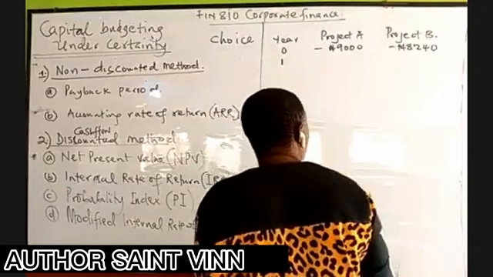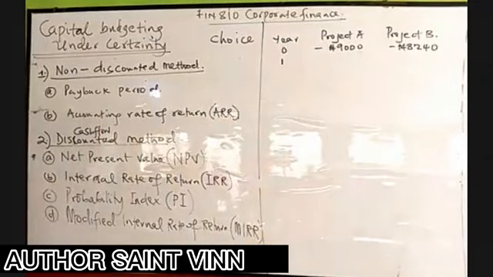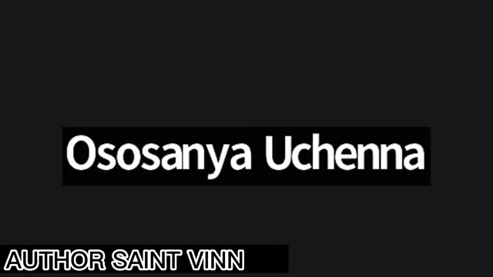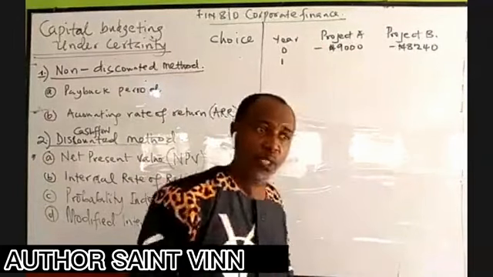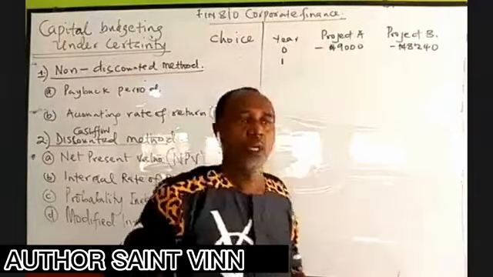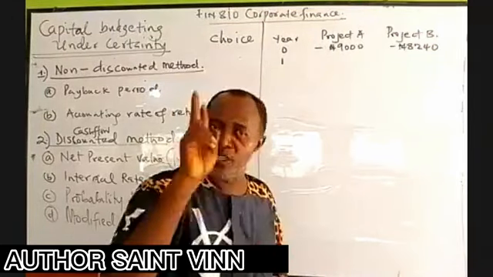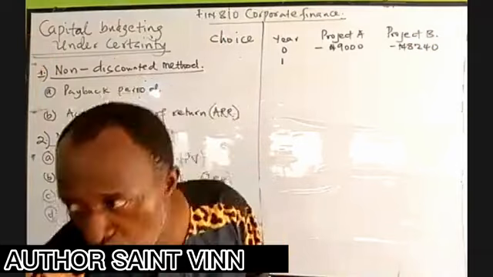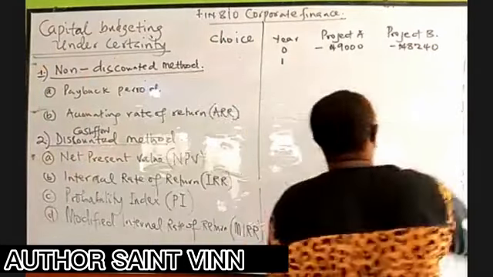Year 1. Please, I want you to note there are two types of cash flow. The original cost of that project is a minus, which is cash outflow, and those without minus are cash inflow. So there are 2 types of cash flow: a minus and a plus, or a bracket.